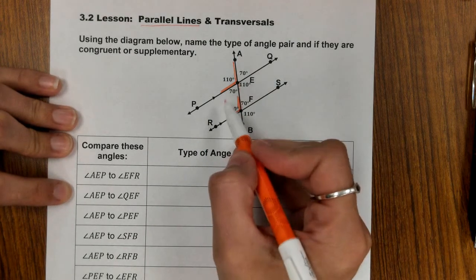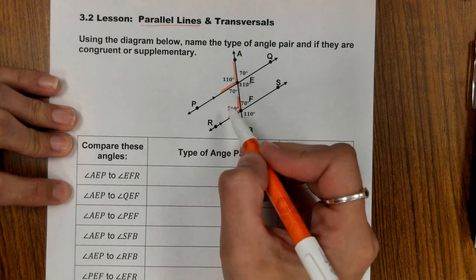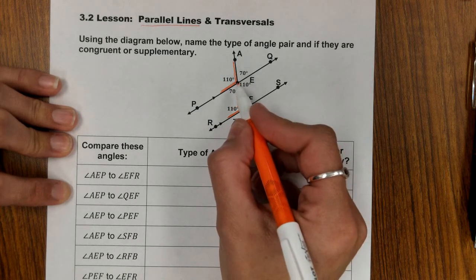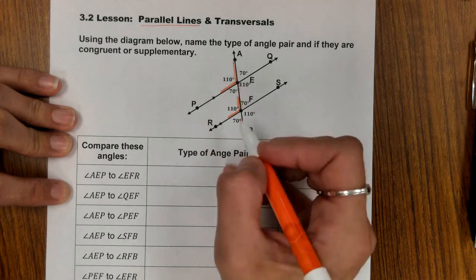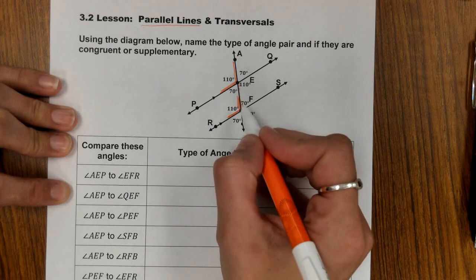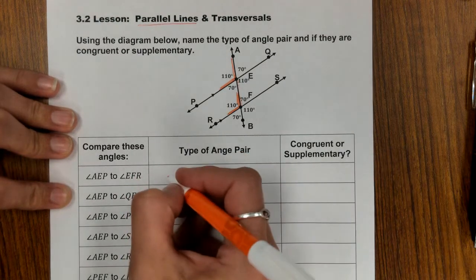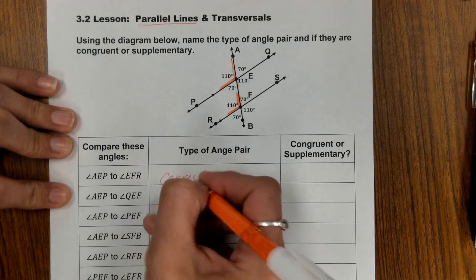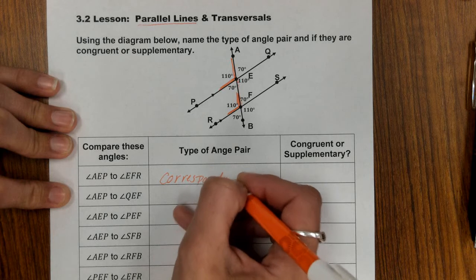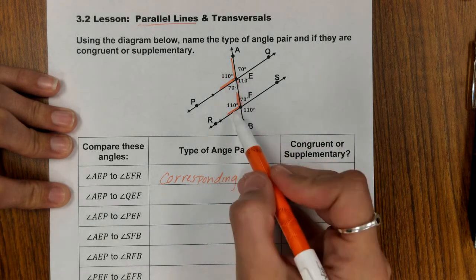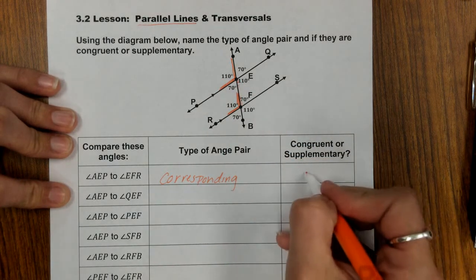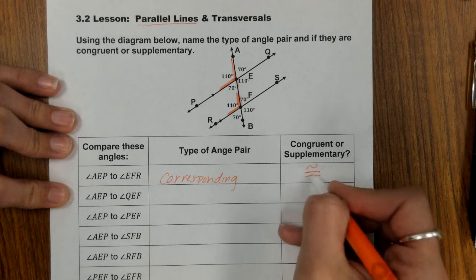Well, we have them on the same side, but one's exterior, one's interior. The first angle is at the top right, and the bottom one is at the top left. They are in the same position. We learned that these are what we call corresponding angles. And when you take a look at their measurements, they're both 110 degrees, meaning they are congruent.